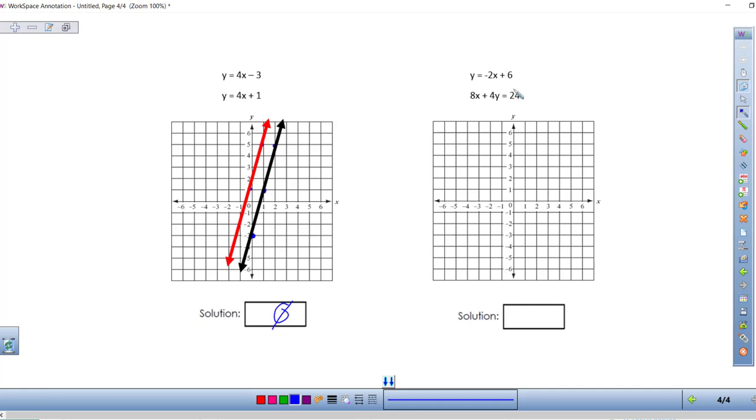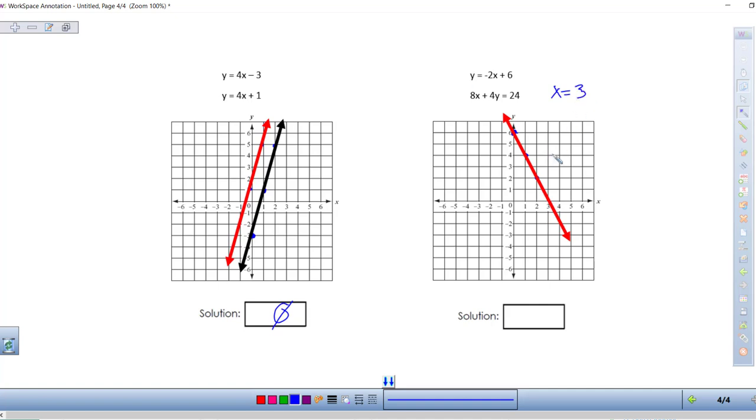This one, the first equation, we start at 6, and our slope is -2, so down 2 over 1, down 2 over 1. Okay. And the second equation, notice this one looks a little bit different. It's in standard form. So standard form is when we use the cover-up method. So if I cover up my y, I'm looking at just 8x equals 24. So I divide 24 by 8, and I get x equals 3.